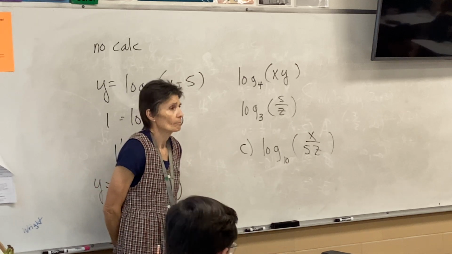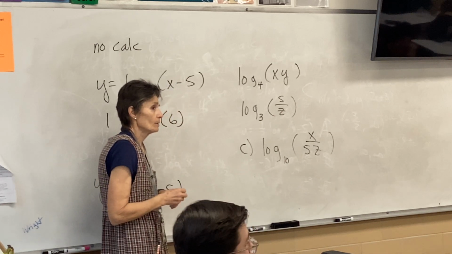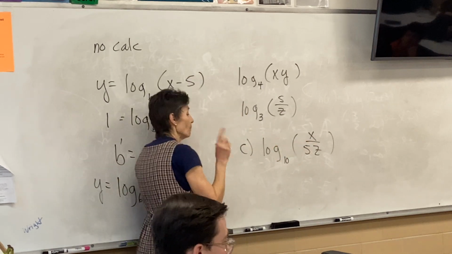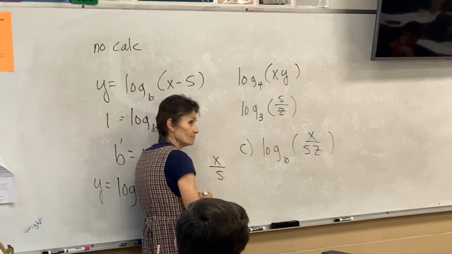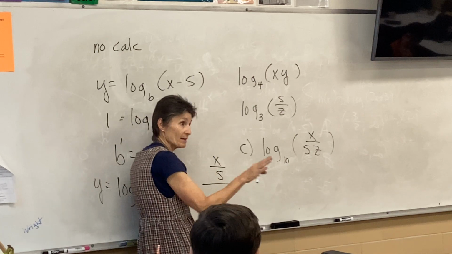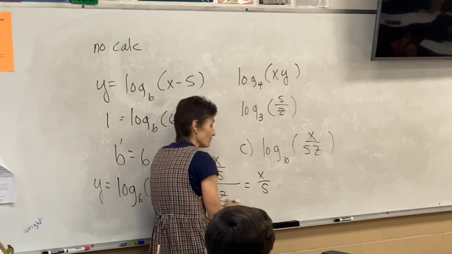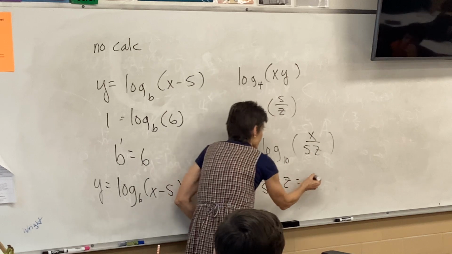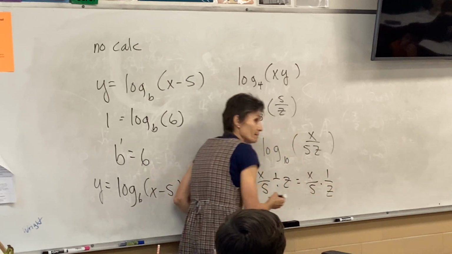Because you have to do x minus 5, divide that by z. So x divided by y, divide by z. Okay, so let's talk about that, Kyle, because you're exactly right. But so is she. Because if you take x divided by 5, and then divide that by z, that's what you're saying is happening, and that is what's happening. That would be x divided by 5, divided by z, which is x divided by 5 times 1 over z.